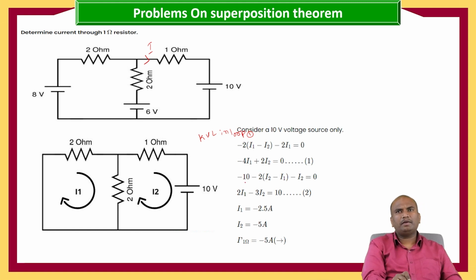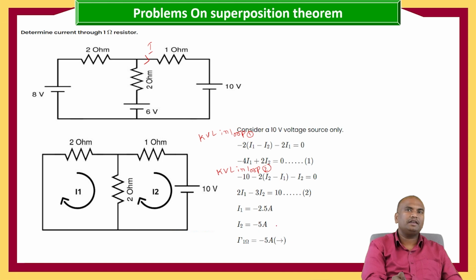Now applying KVL in loop 2: minus 10 minus 2 into I2 minus I1, minus I2 equals 0, where 2I1 minus 3I2 equals 10, giving I1 equal to minus 2.5 amperes and I2 equal to minus 5 amperes.